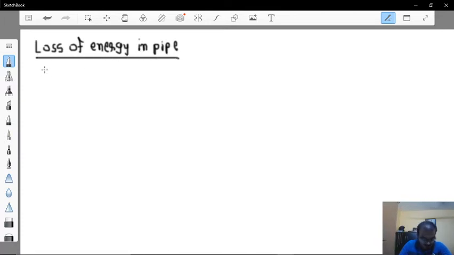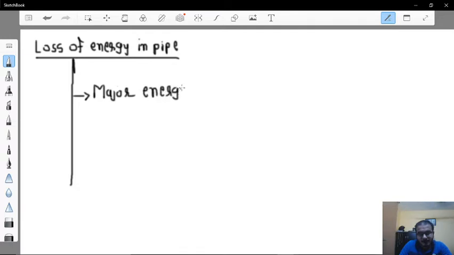So there are two kinds of losses here. First is major energy losses. These major energy losses are primarily due to the friction. So there are two formulas that we are going to discuss here.